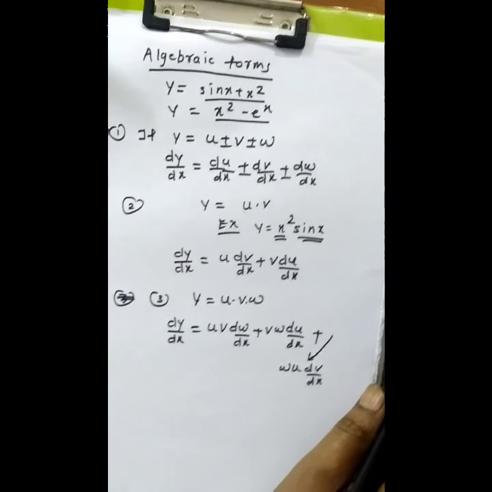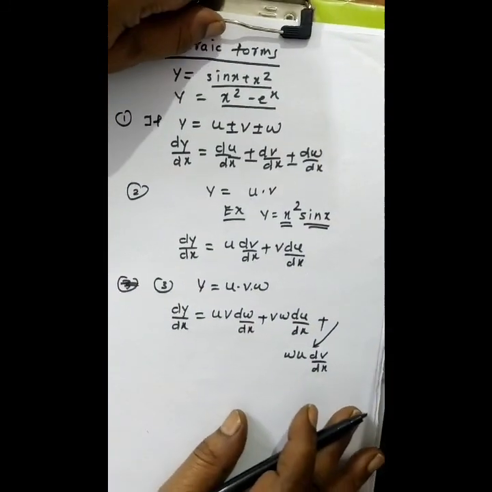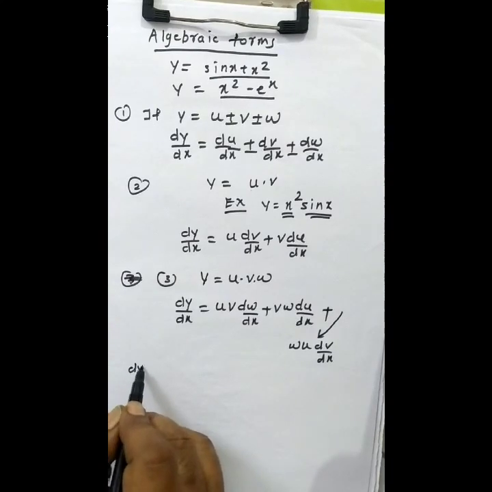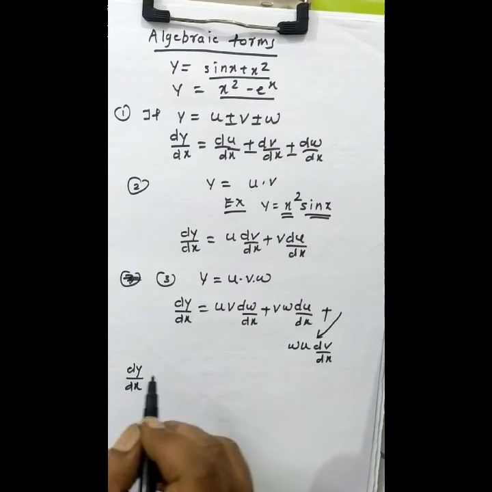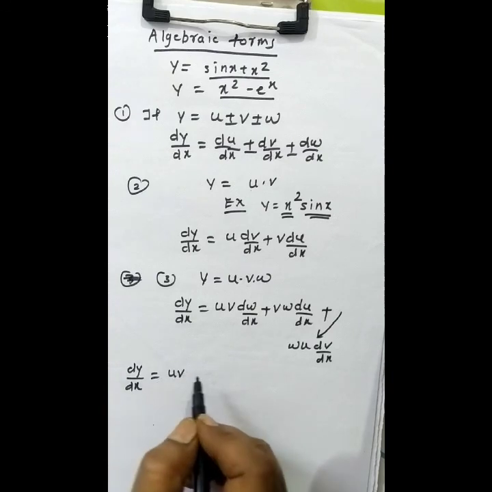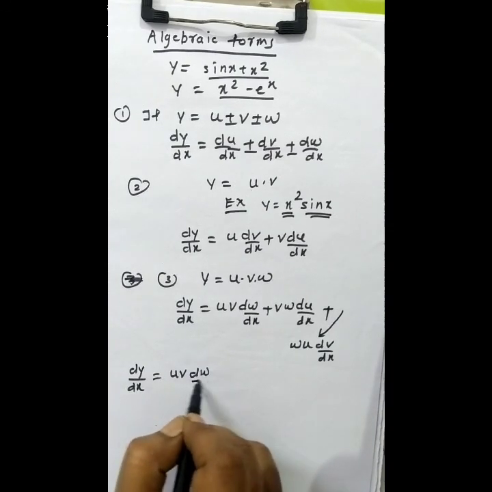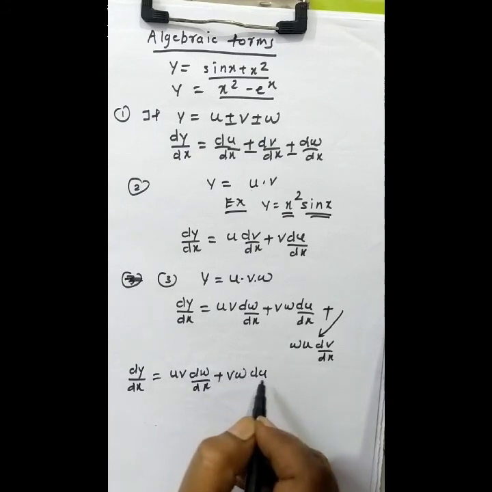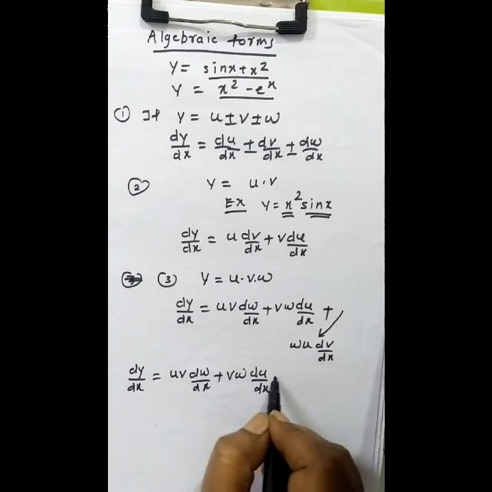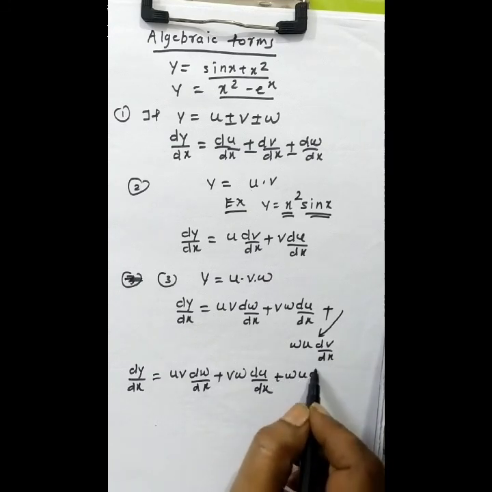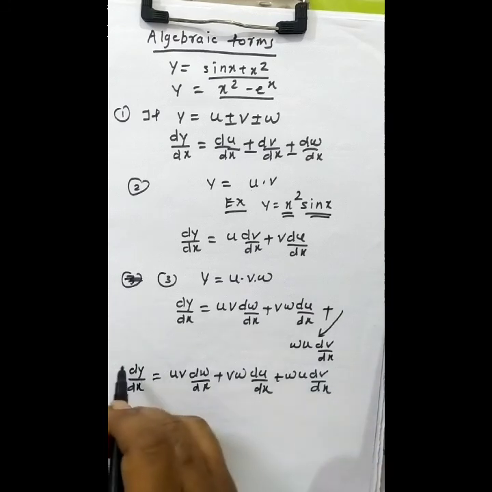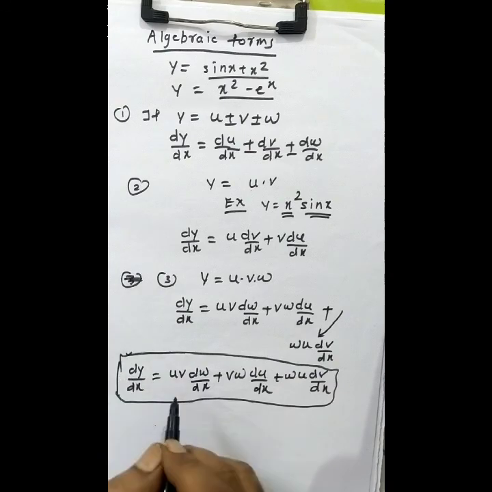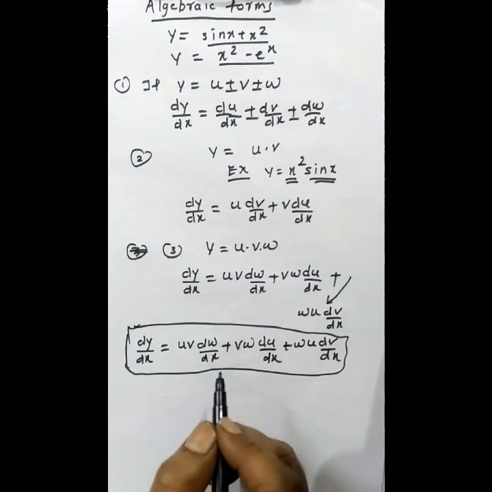So this is your formula. We'll rewrite it again: dy by dx equals uv into dw by dx plus vw into du by dx plus wu into dv by dx. This is your formula when it is a product of three functions. Already last year you have used this.